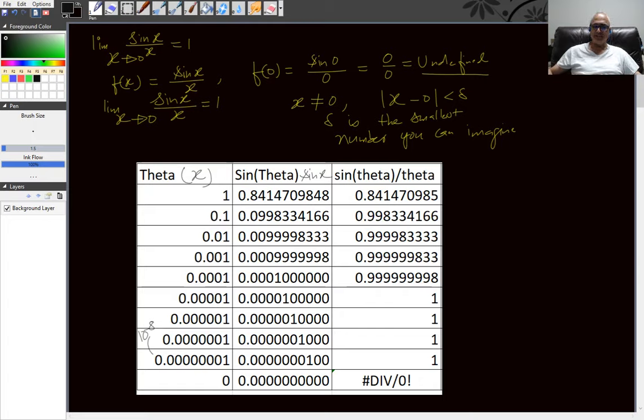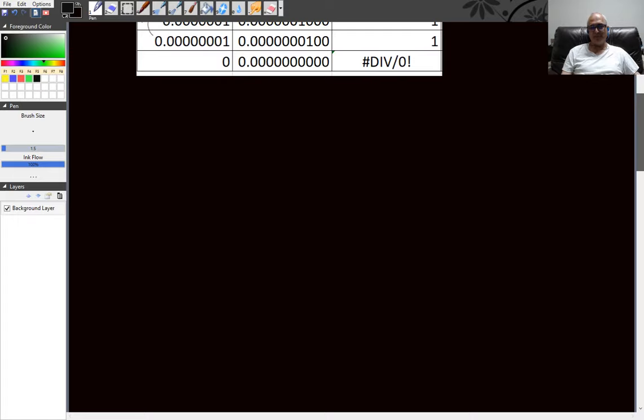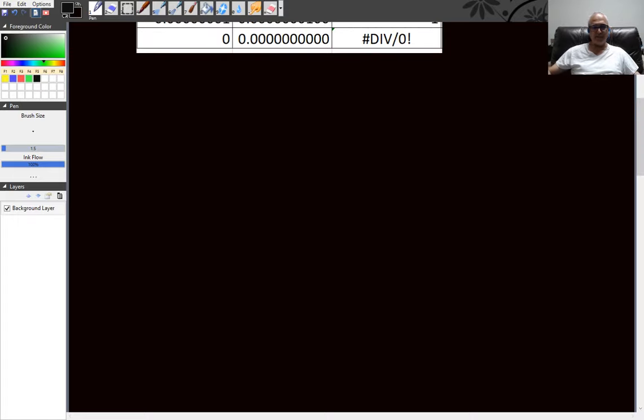So by calculation you can see that for very small values of x, sin x divided by x is equal to 1. Before I show you the proof, there are a few prerequisites that you should know.